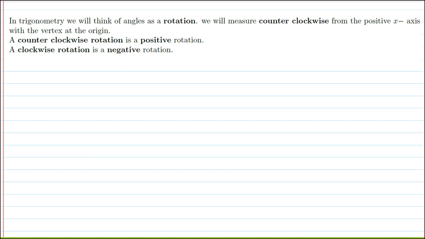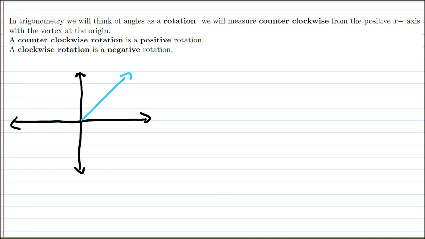So let's draw a picture. So if we take our Cartesian coordinate system, and we have a line segment, and this is going to be our terminal side, we would have this angle right here, theta, and theta would be positive because it was a counterclockwise rotation from the positive x-axis.